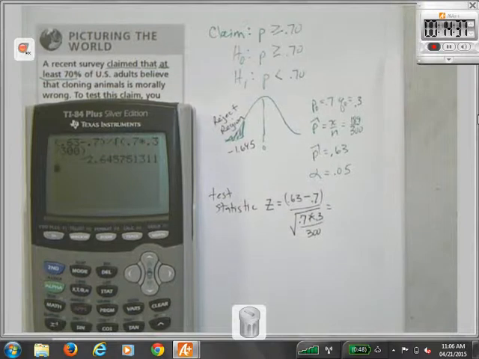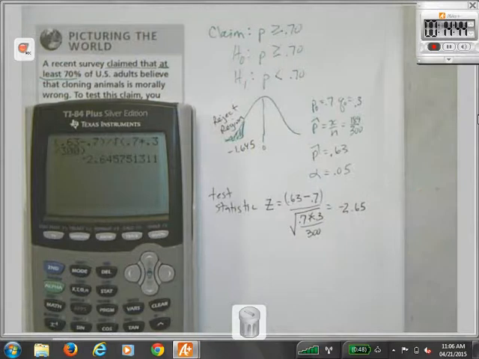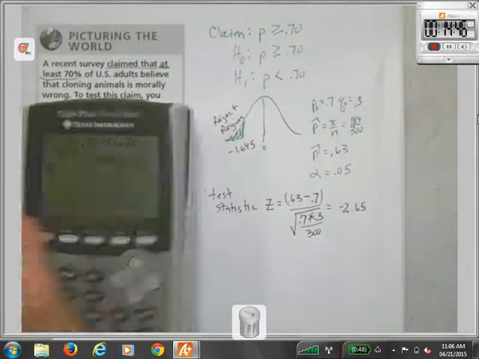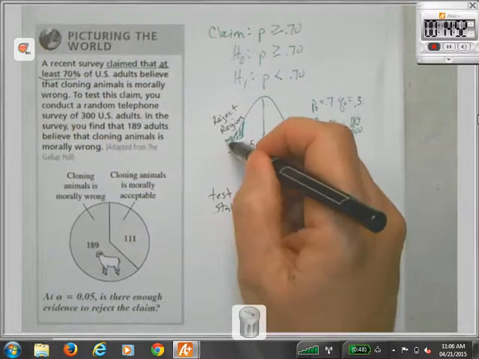That gives negative 2.65. That is located pretty far out in the reject region, so it's out here.